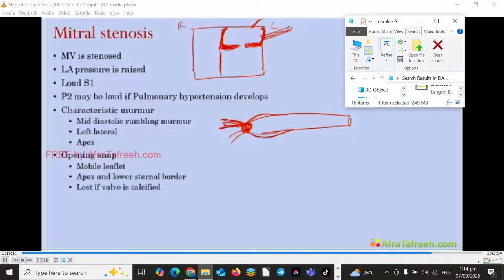As a result, there would be resistance to the pulmonary artery, that is, it is not able to go. So this will result in right ventricular hypertrophy, and eventually the tricuspid and the right atrial hypertrophy.